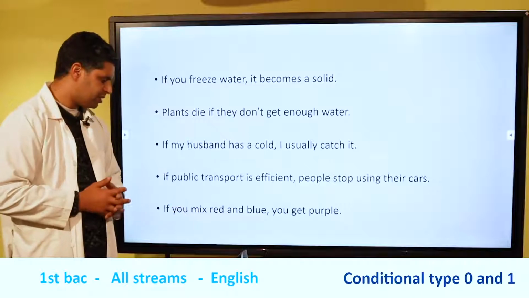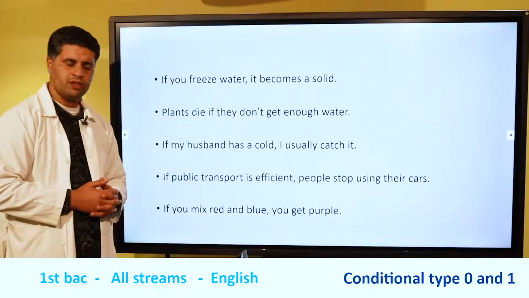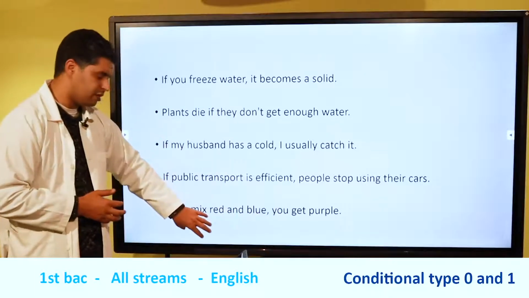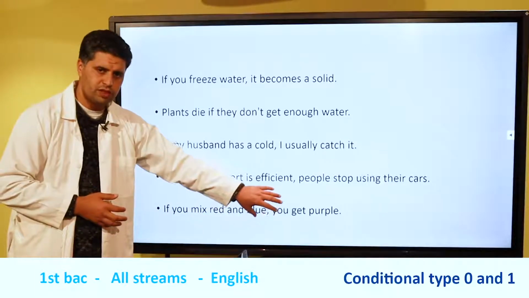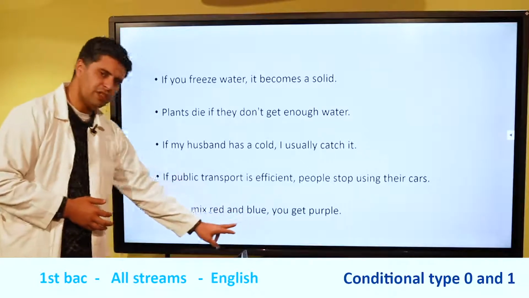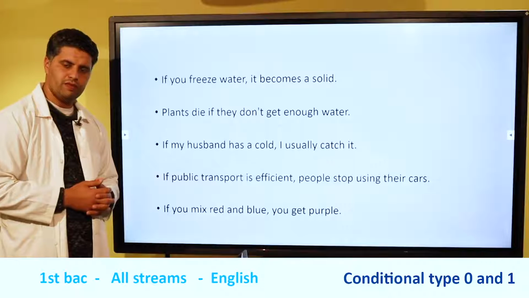If you mix red and blue, you get purple. So here, as you can see, there is a result, there is an effect, and there is a cause. There is no effect or result without a cause. So when it comes to the statement that shows the cause, we have to use the if clause.